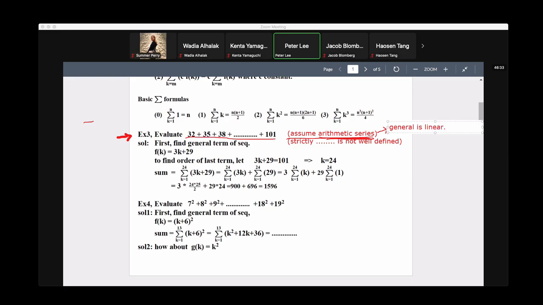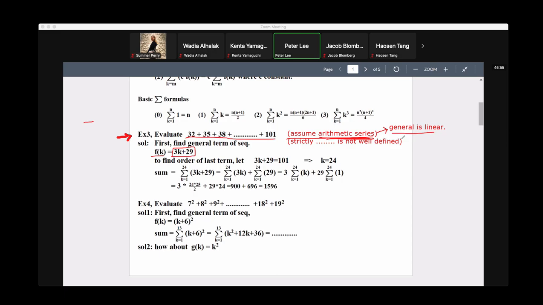If I tell you that the general term is linear, that means f of k, say 3k plus 29, is a linear function. This f of k is the general term. Then basically I'm telling you that this is going to be an arithmetic series, the same thing.